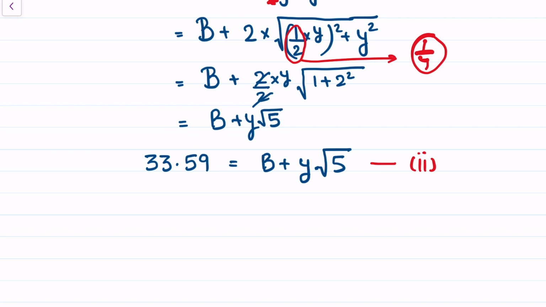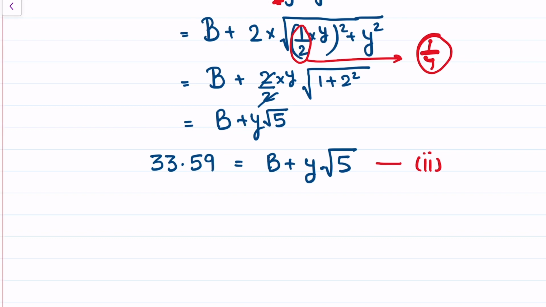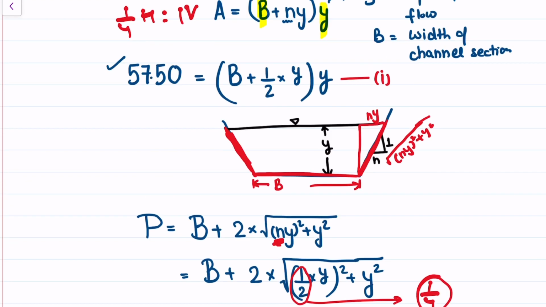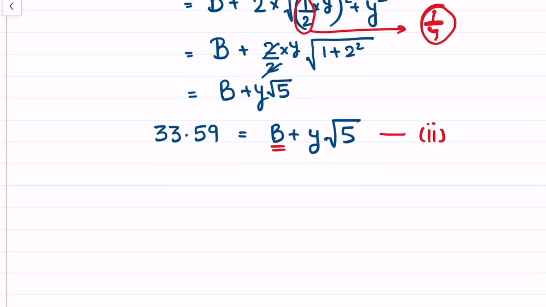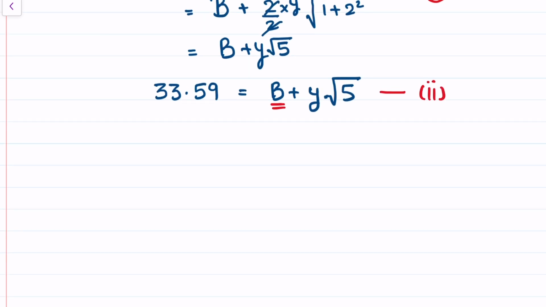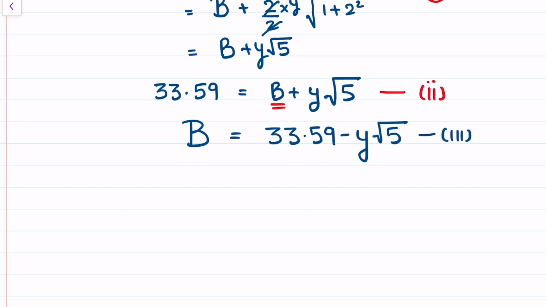Now we can put the value of b from equation 2 in equation 1. Here b equals 33.59 minus y root 5. Let's say this is equation number 3.